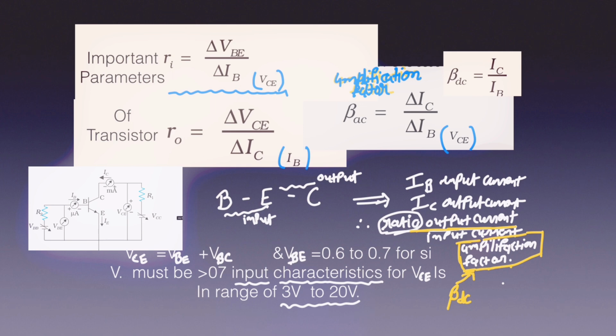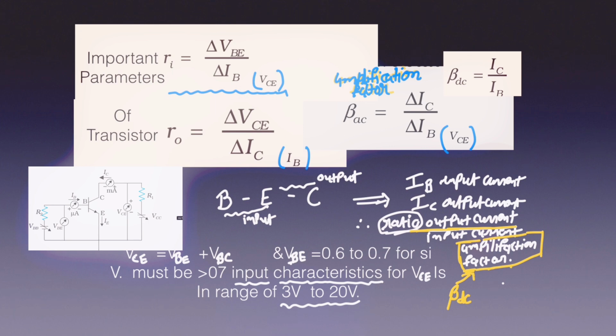So Ri, input resistance, is equal to the rate of change of voltage between base and emitter divided by delta IB, the base current, when we are keeping the voltage across collector and emitter constant.